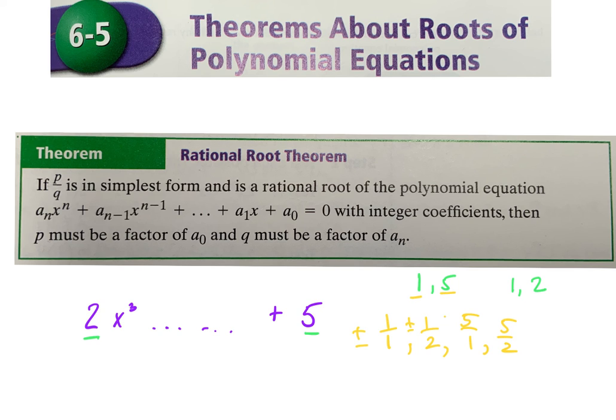So my zeros could be positive and negative 1, positive and negative 1/2, positive and negative 5, positive and negative 5/2. So that's what they're telling me, that if I'm going to have a 0 for this polynomial, it will come from the constant and the leading coefficient, their factors. Weird that it works out that way, but that's how it works out.